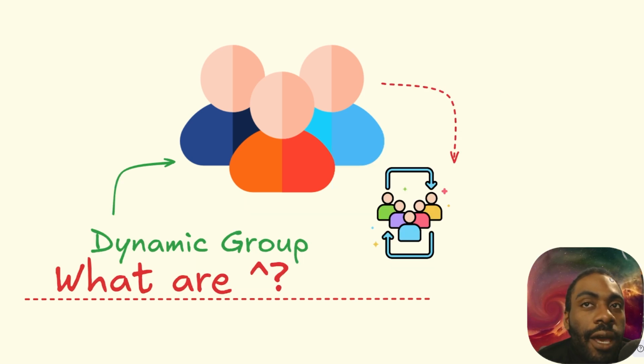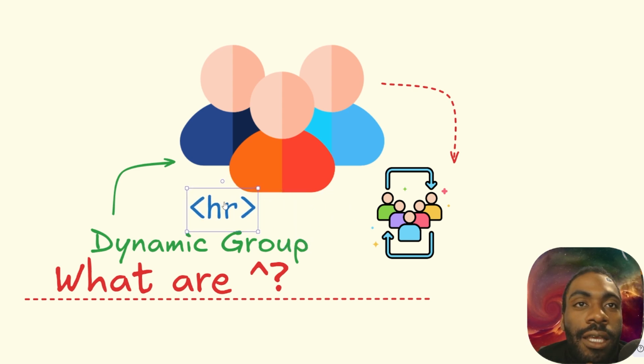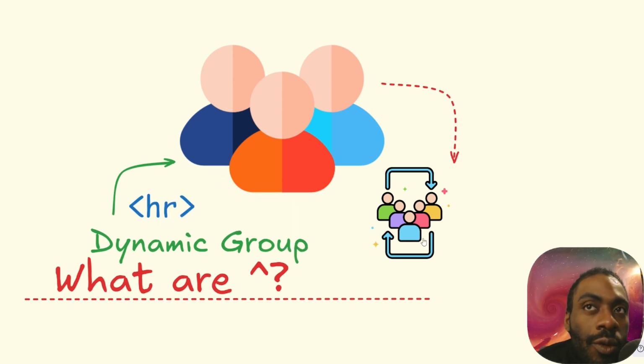Next, we have dynamic groups. Dynamic groups are groups that are created based on user attributes. So normally you assign a user specifically to a group, but with dynamic groups, the attribute is what assigns that user to a group. So if you had an attribute, let's say we had a department called HR.